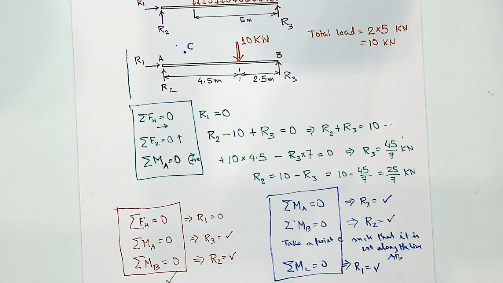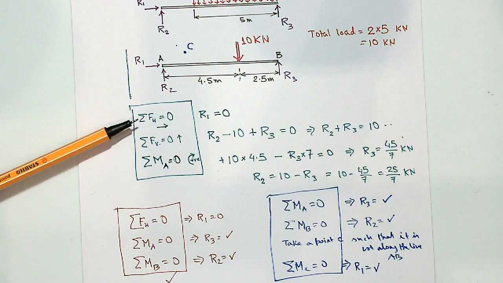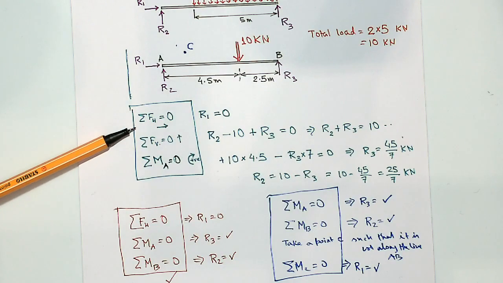So it is not a unique way of solving this problem. You can do it in many different ways, because this equilibrium equation comes in different flavors, different combinations as well. And depending on the problem, in some cases one would be better to do than the other. Now, if in doubt, always do the basic one, the first one which we did, summation of horizontal forces 0, summation of vertical forces 0, moment about a point 0.